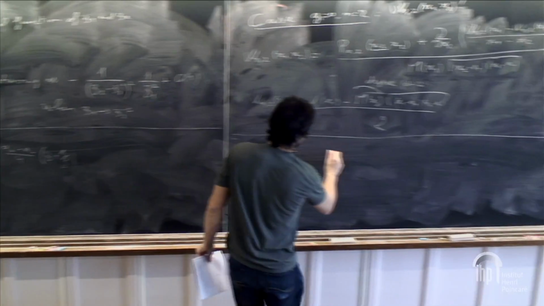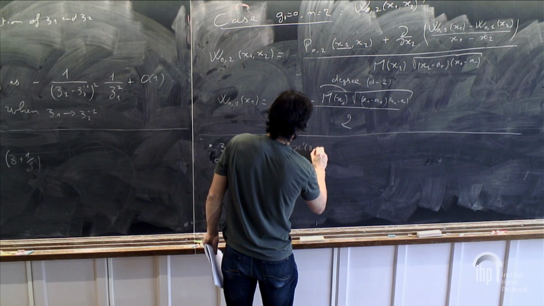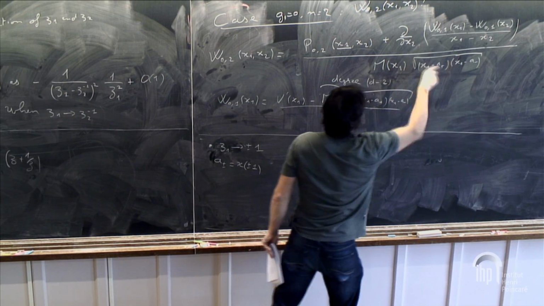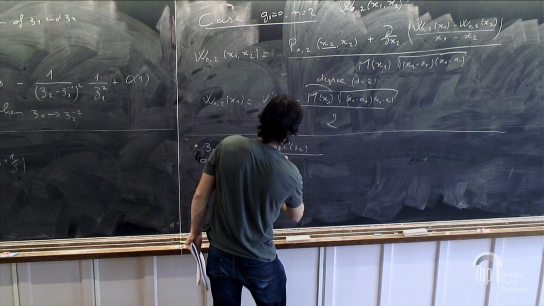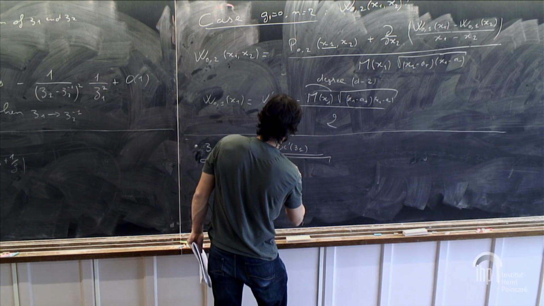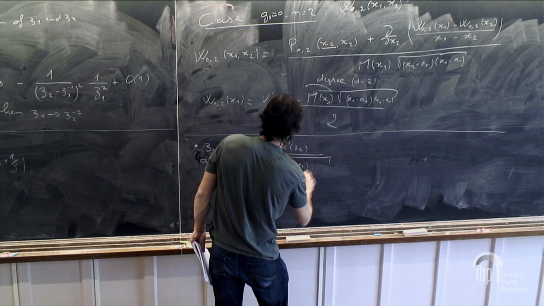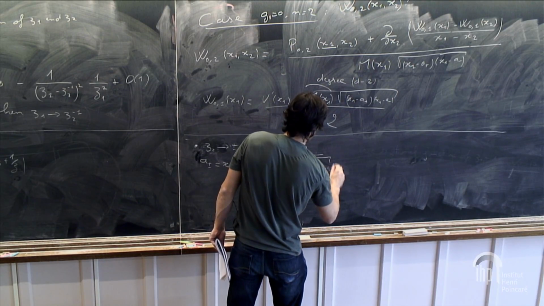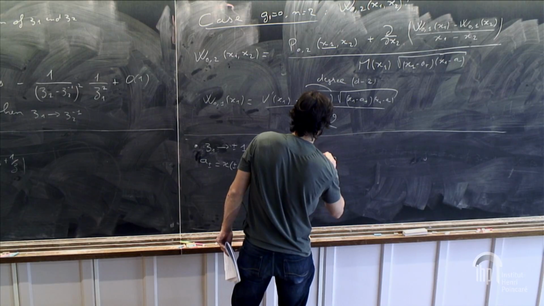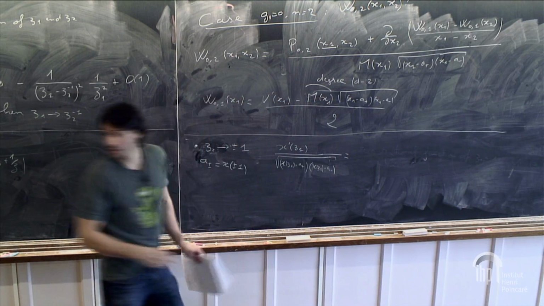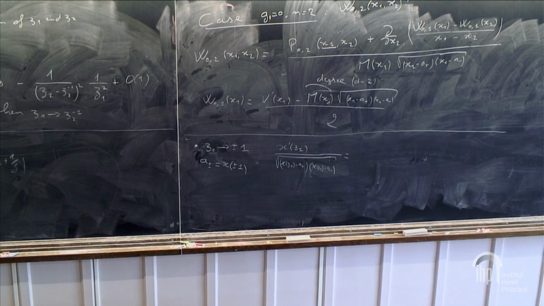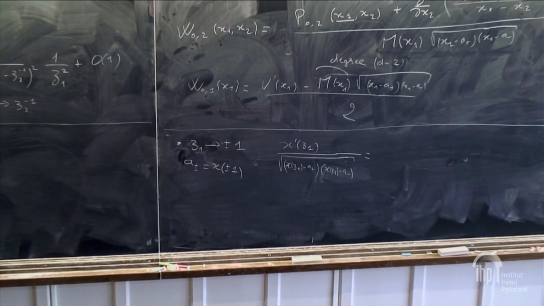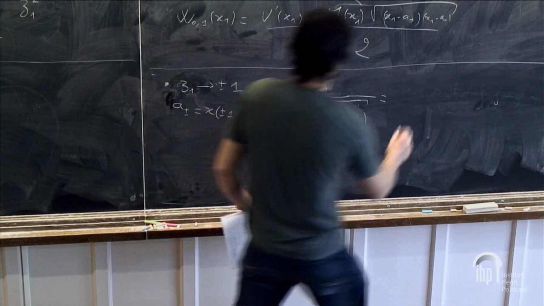Now let's write down x prime of z1 divided by the square root, x of z1 minus a minus. X of z is written here. So we can write it.